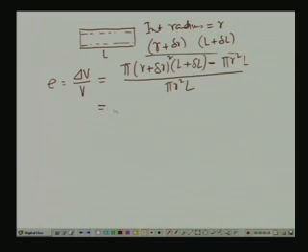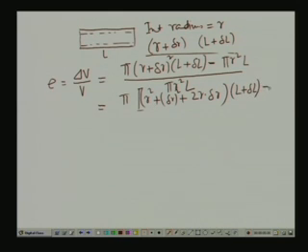So, this is equal to, if you take out pi, we expand (R plus delta R) square, which is R square plus delta R square plus twice R times delta R. This is multiplied with L plus delta L, minus R square L, divided by pi R square L. So, pi gets cancelled.